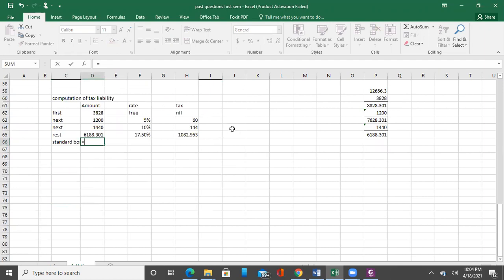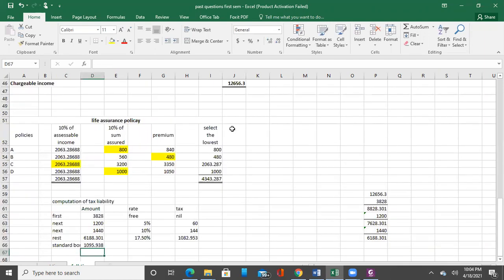Of the basic salary. So 15% of the base salary, give me this one. And I'm supposed to tax this one at 5%. What it means is that this multiplied by this will give me that.